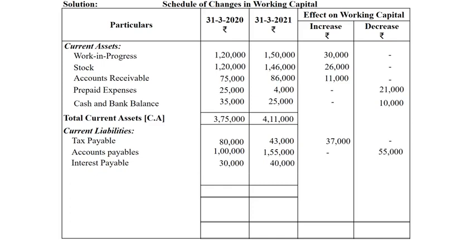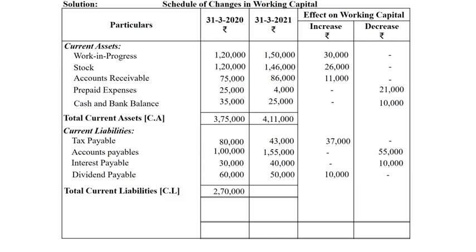Then interest payable 30,000 and 40,000. Increase in current liabilities decreases working capital by 10,000. Dividends payable 60,000 and 50,000. Decrease in current liabilities increases working capital by 10,000. So find out total current liabilities, 2,70,000 and 2,88,000.